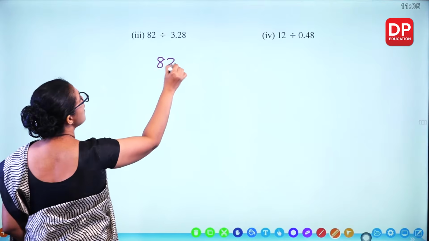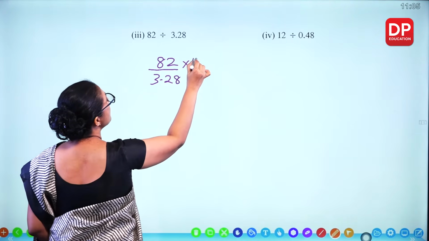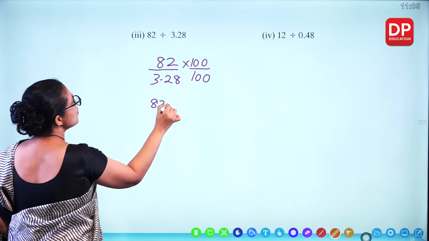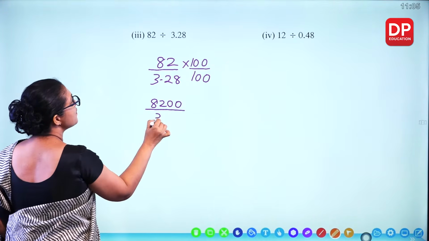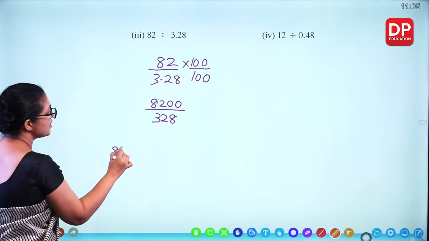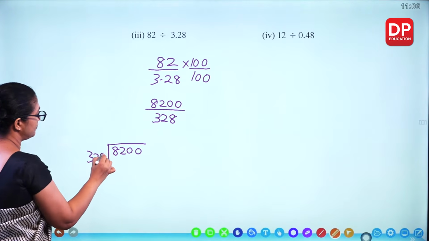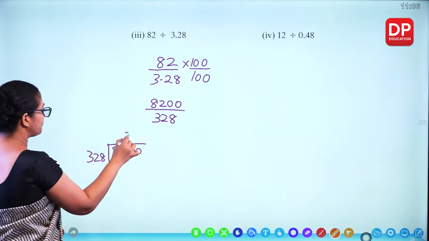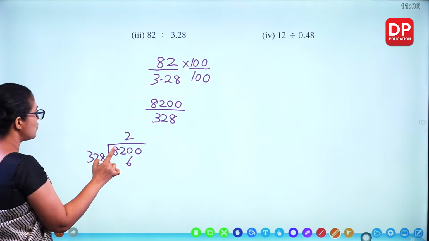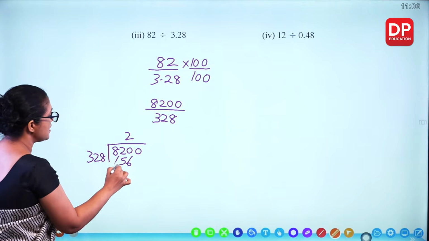82 divided by 3.28. Multiply by 100. You get 8,200 divided by 328. So now divide. 2 times 8, 16. 2 times 2, 4 plus 1, 5. 2 times 3, 6.